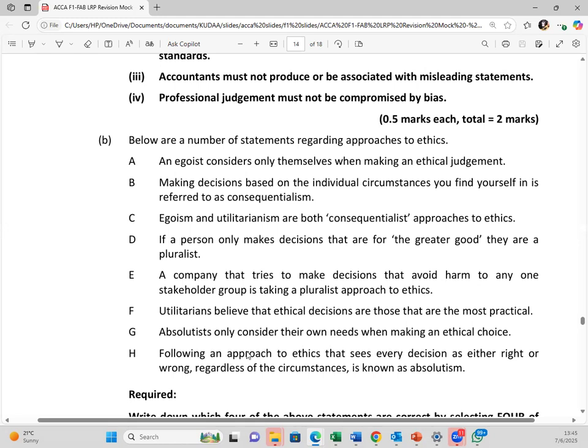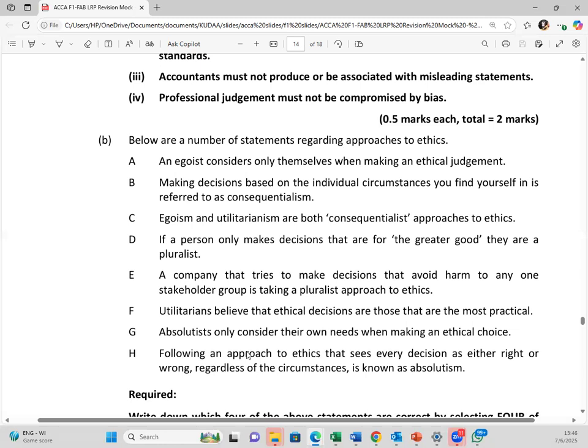If the outcome is good, then the decision may be regarded as being ethical. Stealing in order to help those that are hungry can be regarded as being ethical. The consequentialist approach is then divided into egoism and utilitarianism.